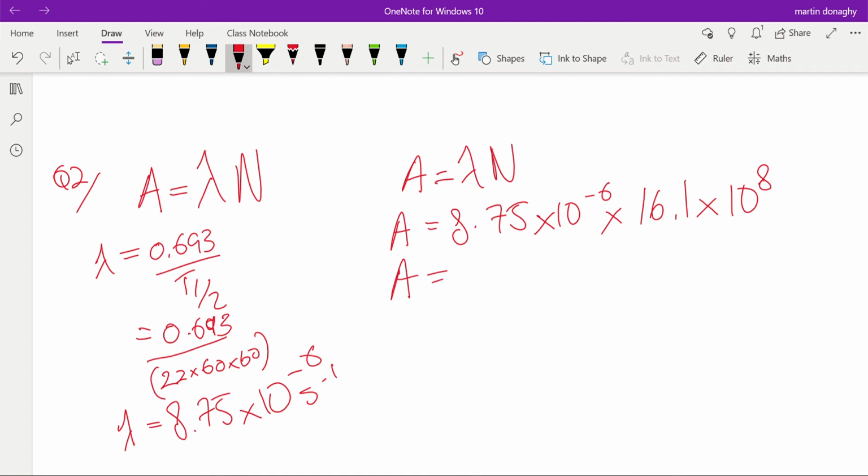Which will give me an activity of, I'm using my phone calculator, so it's not just as good. So 16.1 by 10 to the power of 8, close brackets, and that should give me 14,087.5 becquerels.